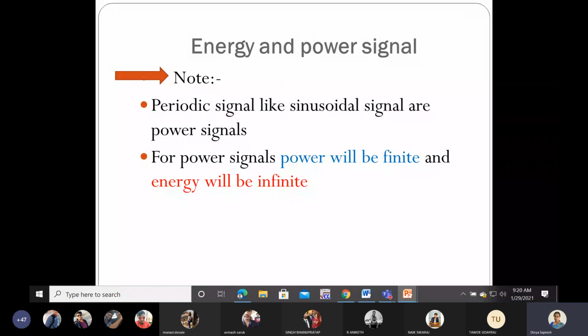For power signals, the power will be finite, a constant value, but the energy of the signal will be infinite.